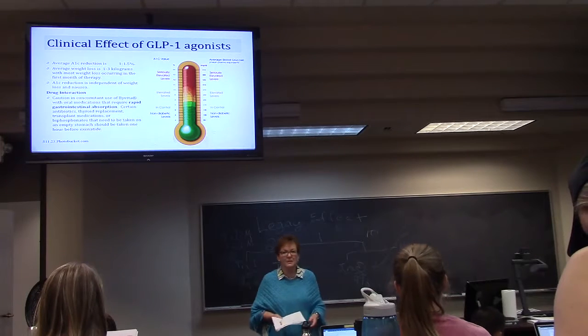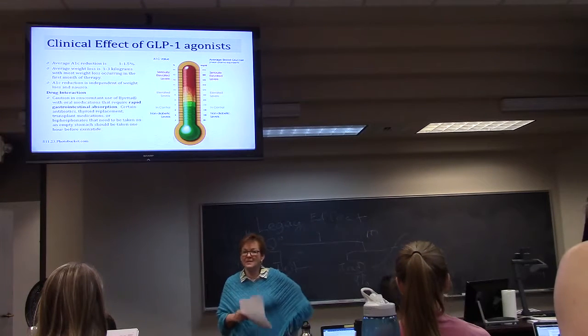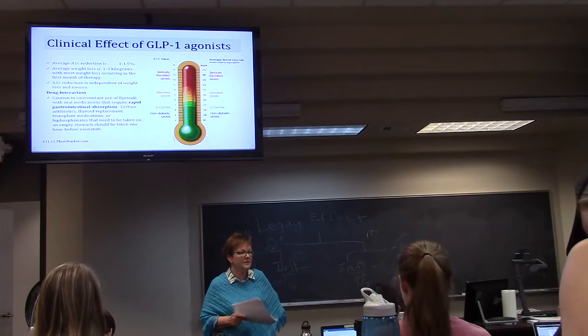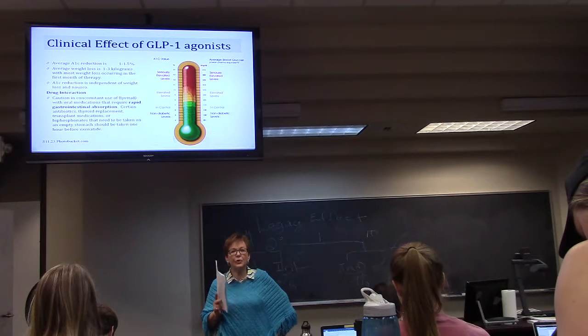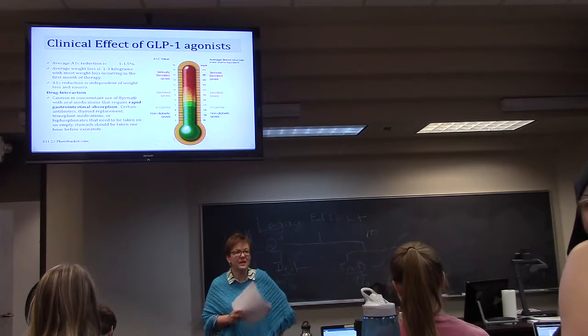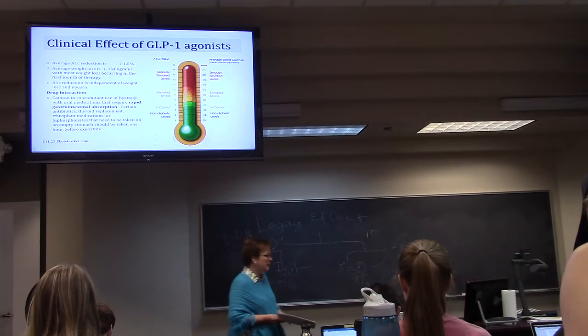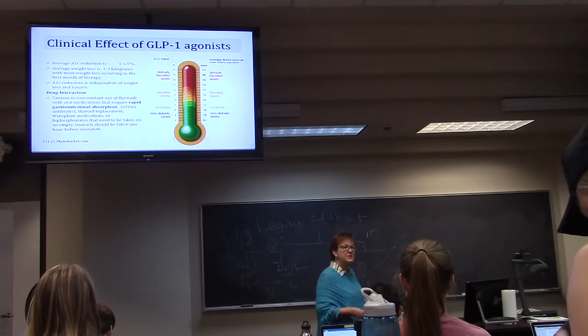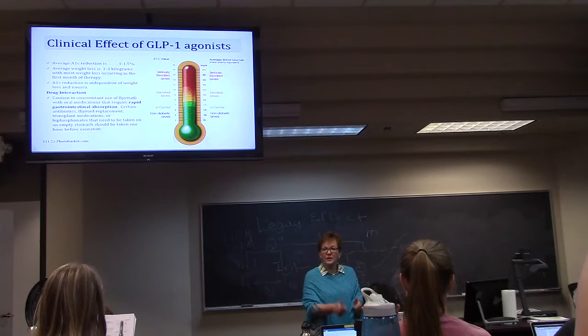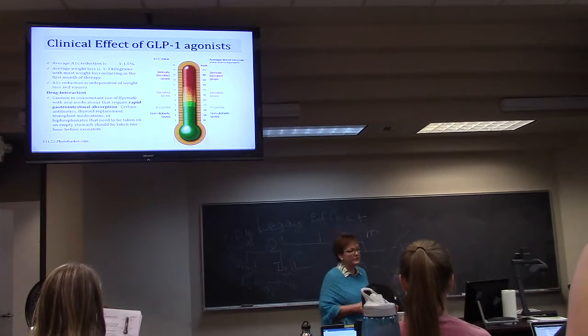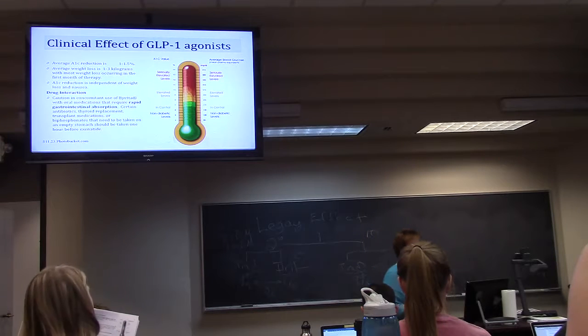Serious hypoglycemia. The drug by itself does not cause hypoglycemia. If you put it with other drugs like a sulfonylurea, or you can use these drugs with a basal insulin, then the risk goes up significantly. It's more than using the insulin or the sulfonylurea by itself.